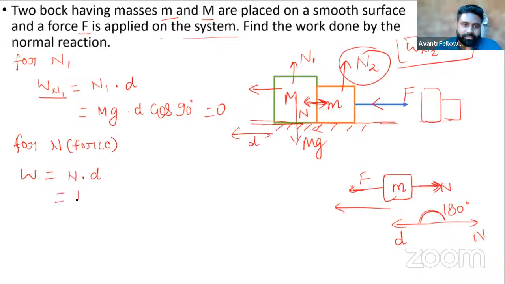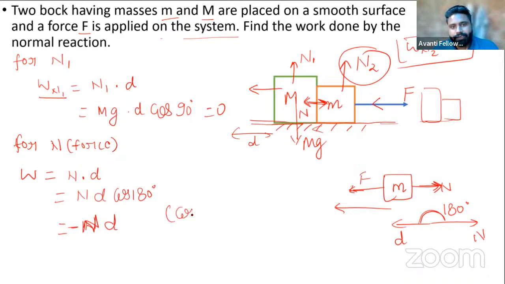So you can say that it is Nd cos 180. So from here you can say that it is minus Nd, because cos 180 is minus 1.